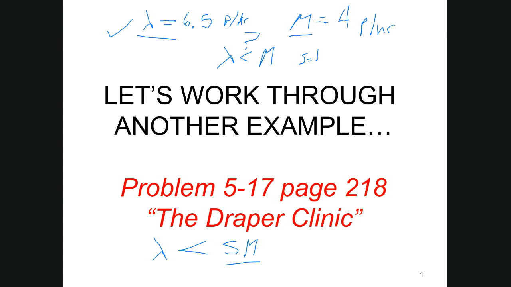In this case, the arrival rate is 6.5, but we have 2 doctors, each serving at a rate of 4 per hour. So our effective service rate of those 2 doctors is 8. And so, of course, 8 is greater than 6.5. So in that situation, we're good to go.